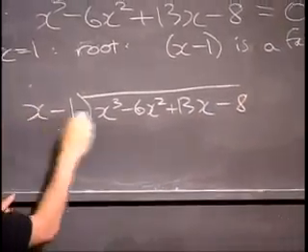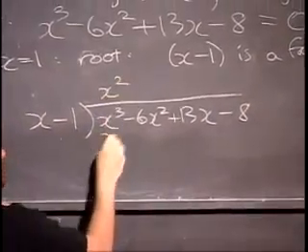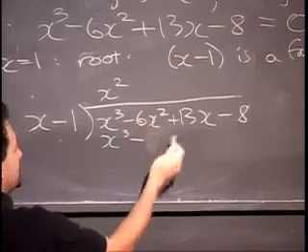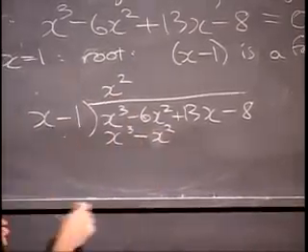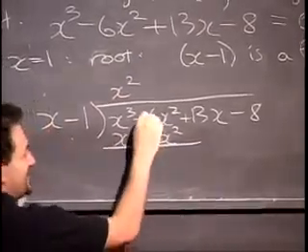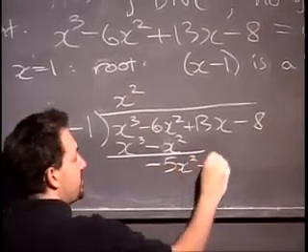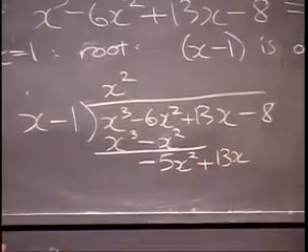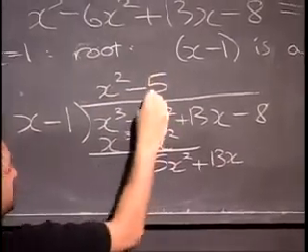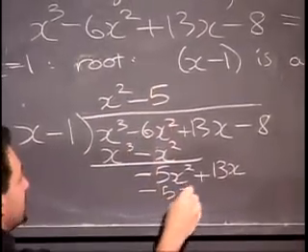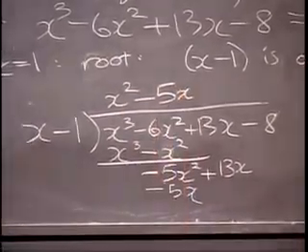X into x cubed is x squared. So you get x cubed minus x squared when you multiply through. And you're left with this minus this, which is negative 5x squared. Carry the 13x, and you'll get a minus 5x.